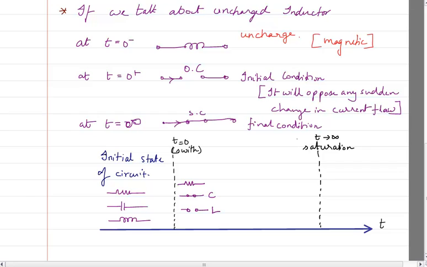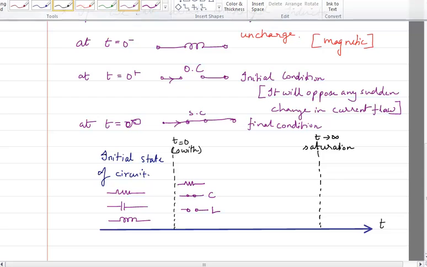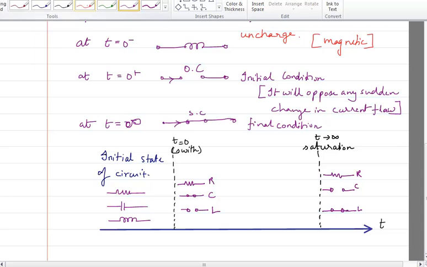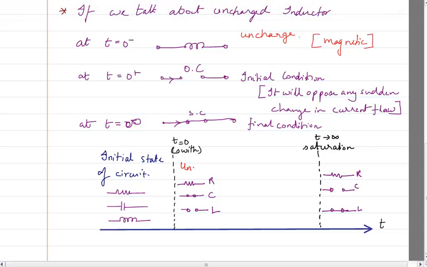Then what has happened to the inductor and capacitor in the circuit is that the capacitor will start acting like an open circuit if it has charged up completely, and if the inductor has charged up completely, it will start acting like a short circuit. And what will happen to the resistor? The resistor will remain as such. The resistor does not change. So this is for the case of uncharged.